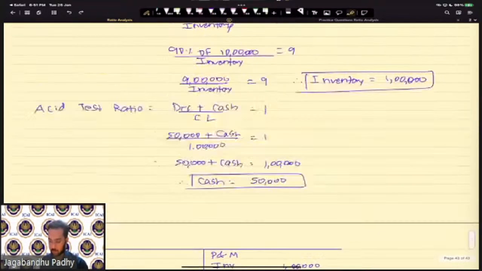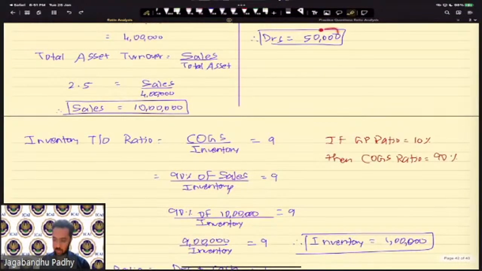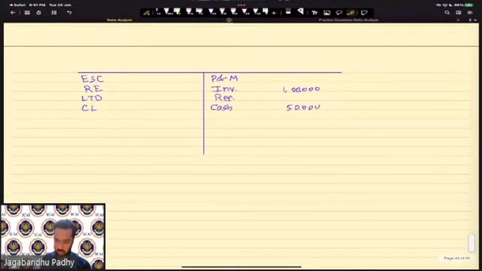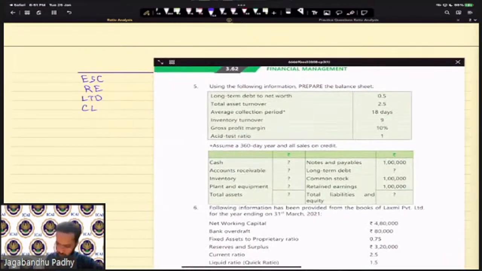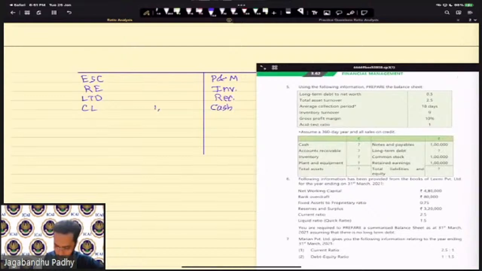Then after that we have got debtors of 50,000, or the receivables to the tune of 50,000. We have certain values from the question also, like we've got the current liabilities or the notes and payable to be 1 lakh. Long-term debt we computed it to be 1 lakh. Retained earnings is also 1 lakh, and equity share capital is also 1 lakh.